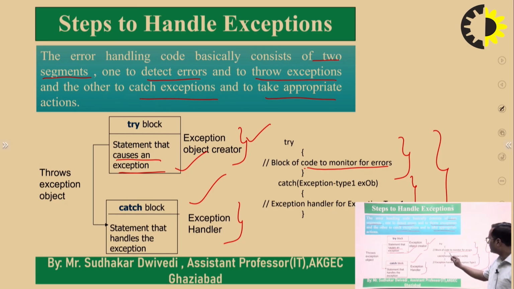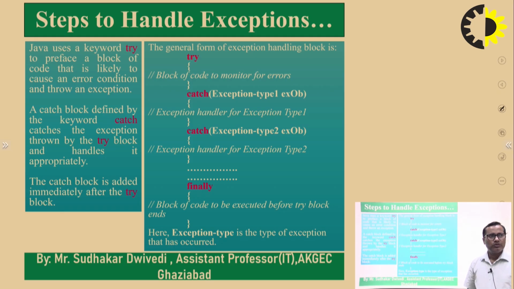So this is the syntax. The try block may incorporate the code that may cause the exception, and the catch block has the exception object. The exception object is created and received here, and according to the exception object, the exception handling code is incorporated here. Java uses the keyword try to preface a block of code that is likely to cause an error condition and throw an exception.